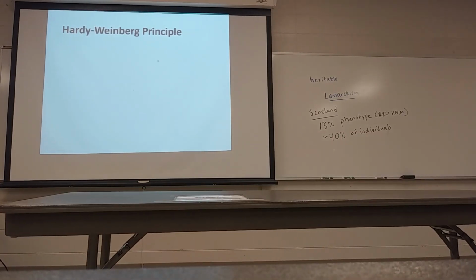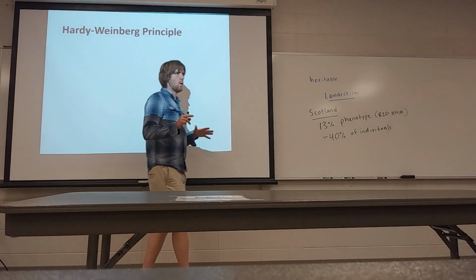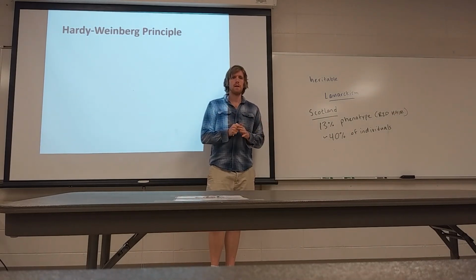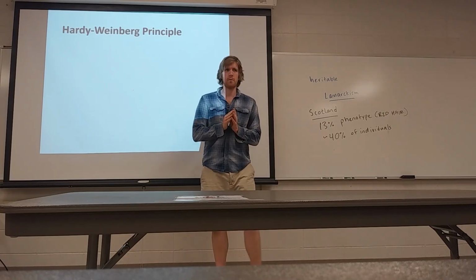This next part can be a little tricky for some people, so I want you to make sure you listen carefully to how I'm going to describe it. So at any one particular point in time, you have a certain distribution of alleles, a distribution of different versions of particular genes.